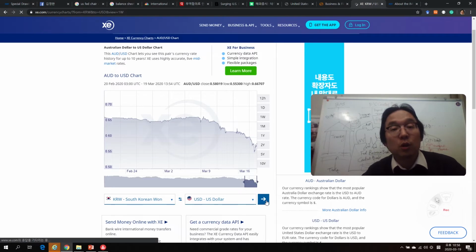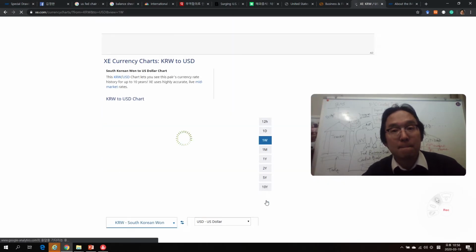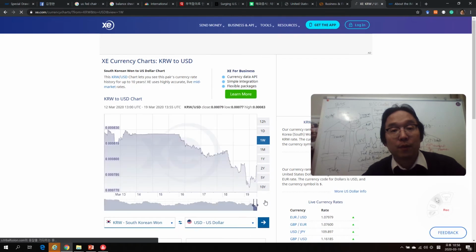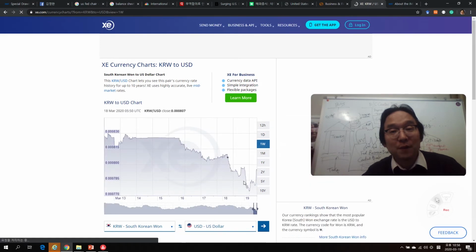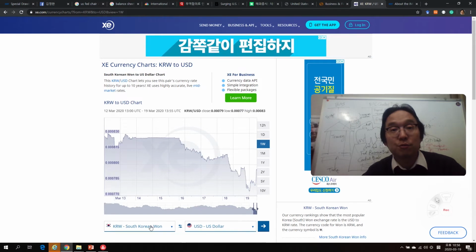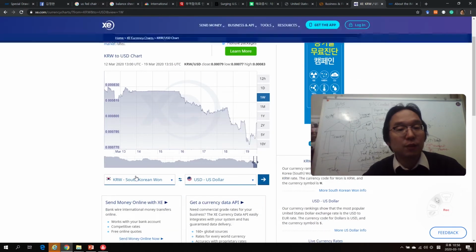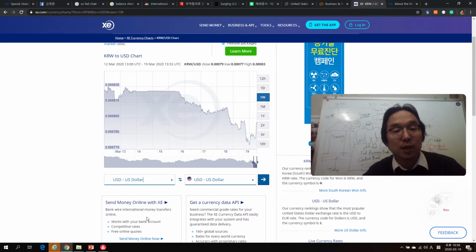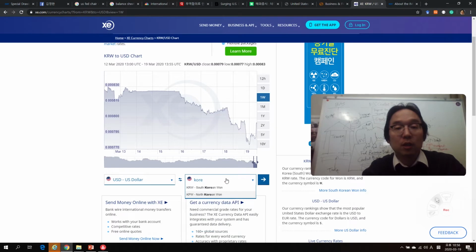So 1 Korean won is a very, very, very low fraction of a US dollar. How many zeros, right? Three zeros. This is straining your eyes, so in this case you have to change the position over here: US dollar versus Korean won.